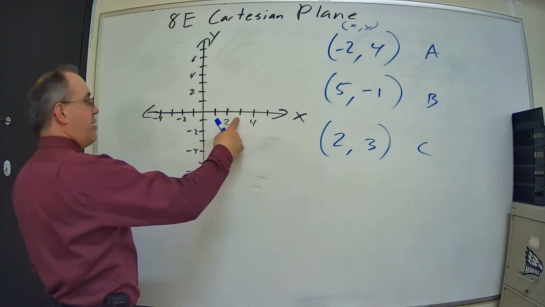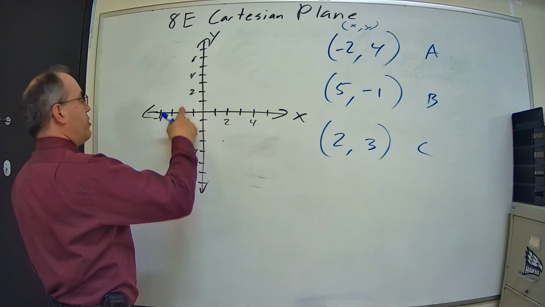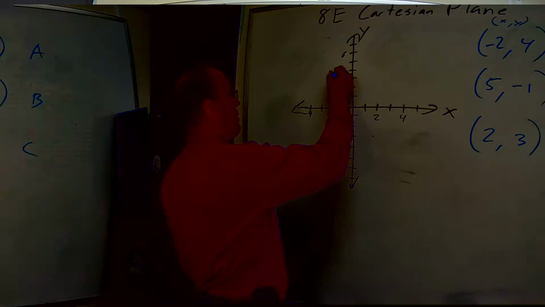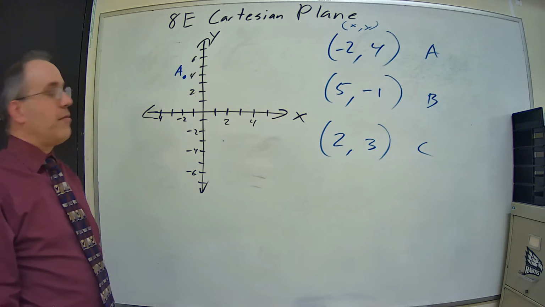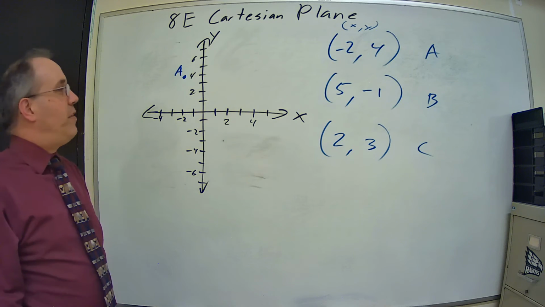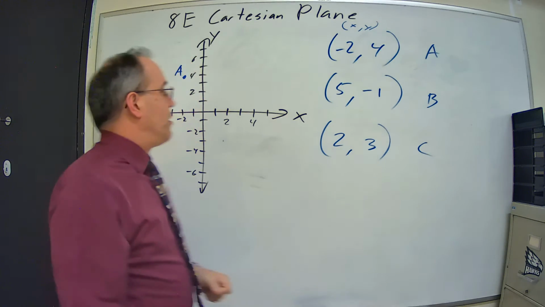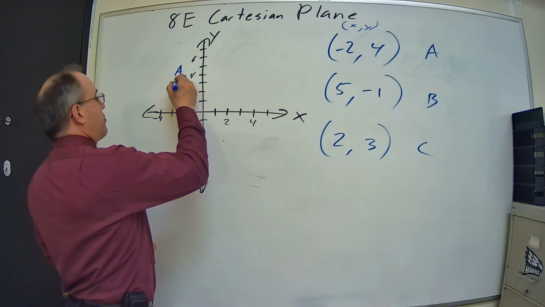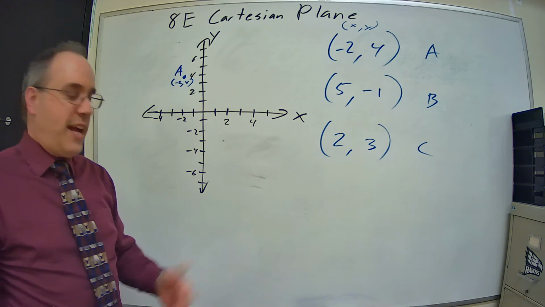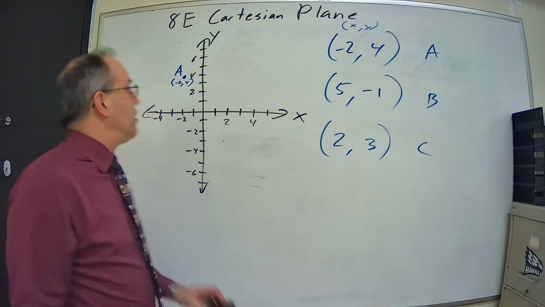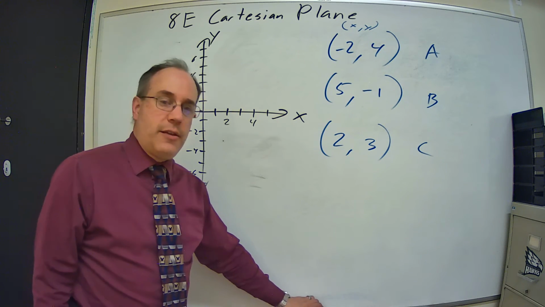So I come on the negative axis, the x-axis, to negative 2, and then y is equal to 4, so I go up to 4, and I label that as point A. If I didn't have letters that I gave them for labeling, then you could just put next to that point negative 2, 4. But you can see how that kind of gets bulky and a little laborsome, so we're going to get rid of that.